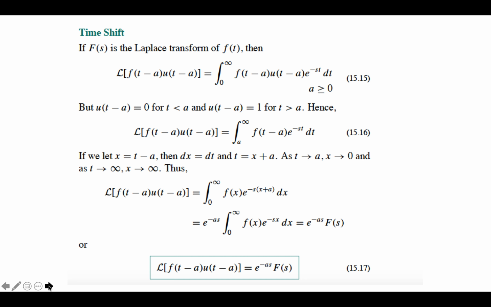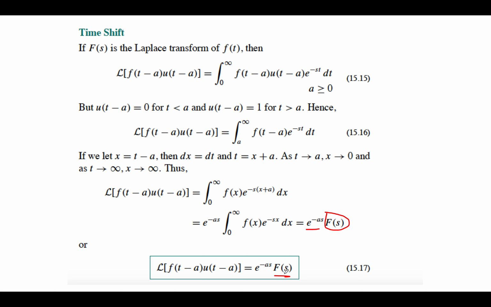Okay, the time shift property. Basically what this says is, in the time domain, if I have a function and its step function multiplier are both time shifted by some amount a, that transforms into whatever the time function would have transformed into times this exponential e to the minus as.